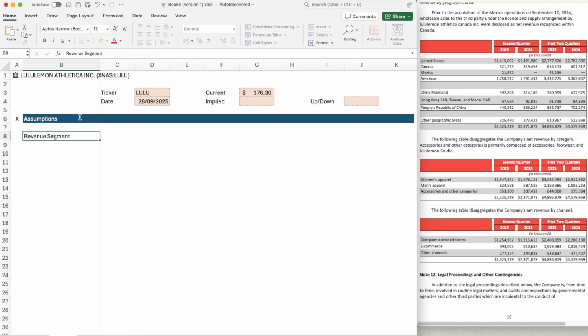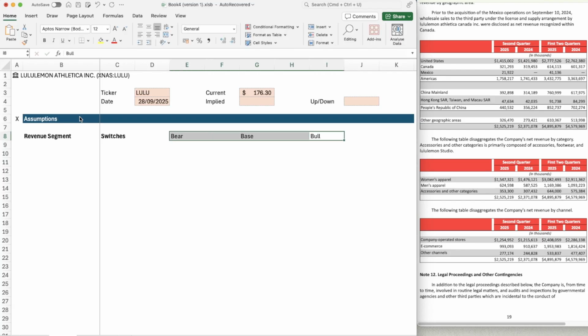And there's only going to be 3 for Lululemon, which is going to be women's apparel, men's apparel, and I think accessories. And we want bear, base, bull. Just copy this. What did I say? I think it was 3.